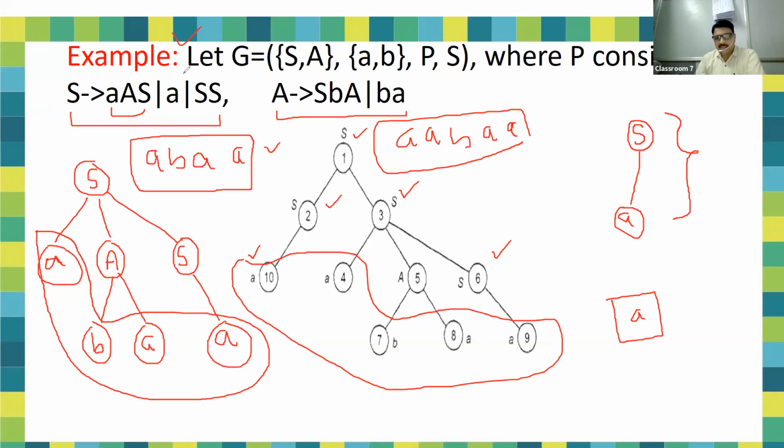Now, as I already told you, there are two options. First one is simple. The grammar is given to you. Just draw the derivation tree or the parse tree. In this situation, you can assume any string and just draw the parse tree. And the second case, which is most commonly used, is that a string is given to you and this grammar is given to you.